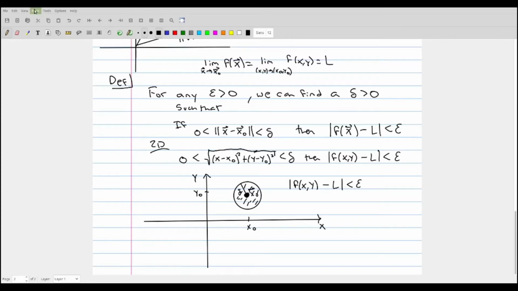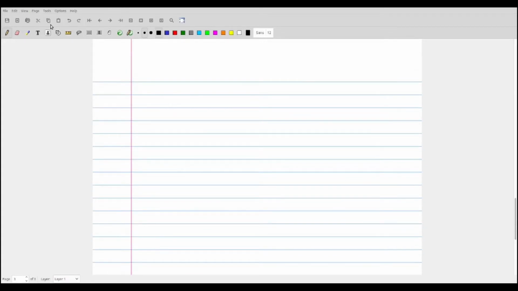So let's see what this means for some examples. Just like for single variable functions in single variable calculus, we're going to see that the limit may or may not exist.